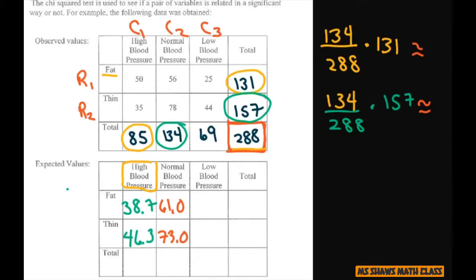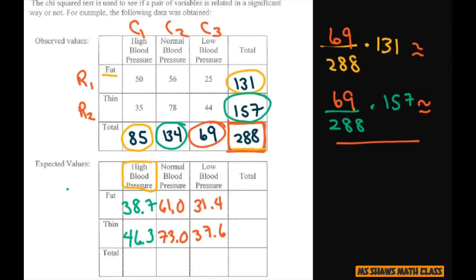Now for the low blood pressure, we're taking our total of 69. So you erase these and write 69. And then use your calculator and get your approximate value of 31.4 and for this one, 37.6.